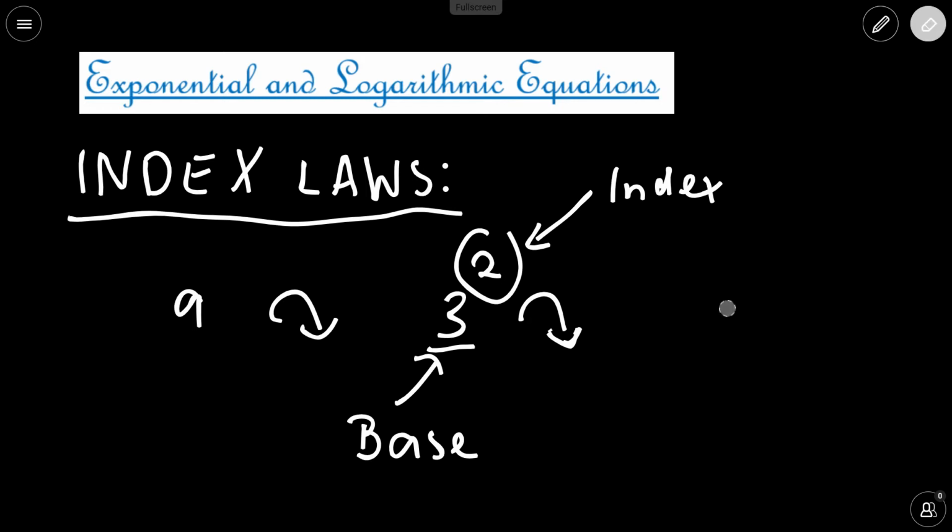What we need to do is multiply the number by itself 2 times, okay? This is why it's raised to the power of 2. 3 times 3 gives us 9. We started with our 9, put it into index form, 3 to the power of 2, and now we brought it back to just our number 9. All right, I hope that makes sense.